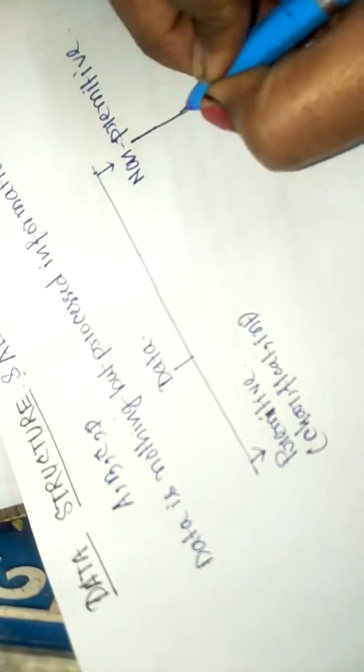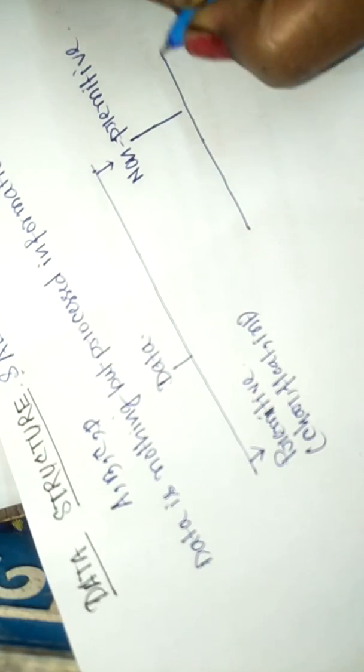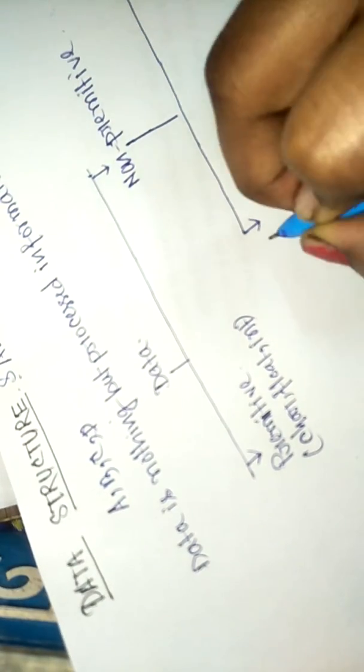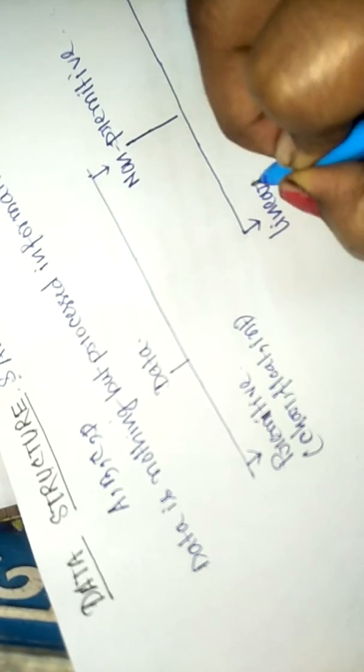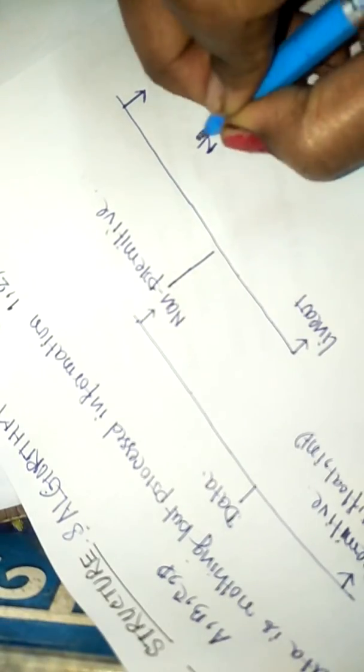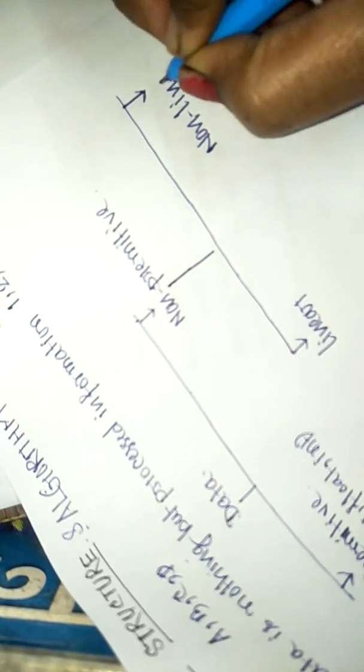One is linear and another is non-linear. Linear is a linearly sequential way, or non-primitive data that is linked with other data.